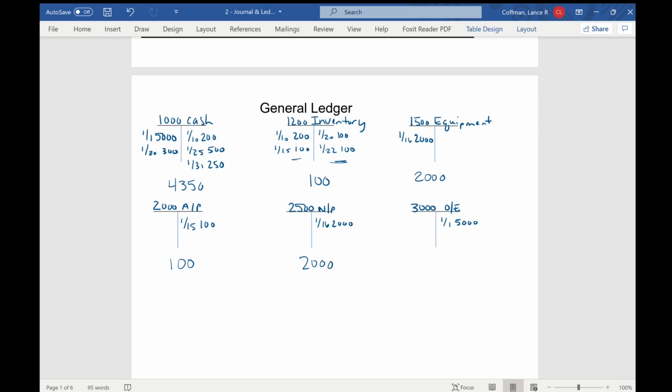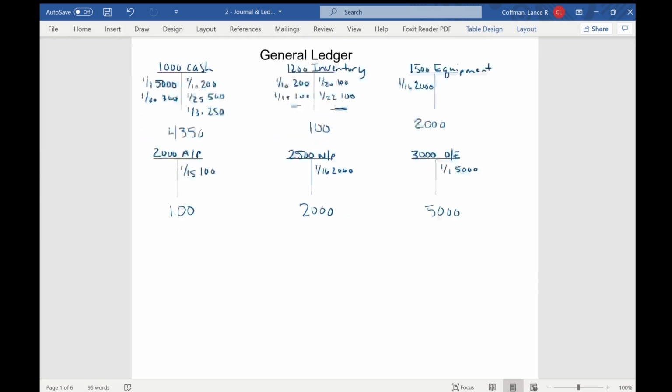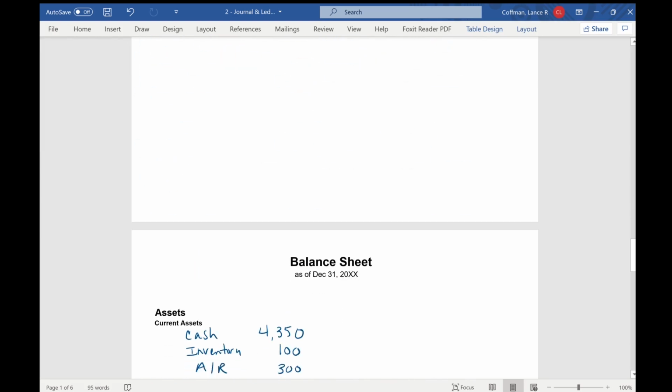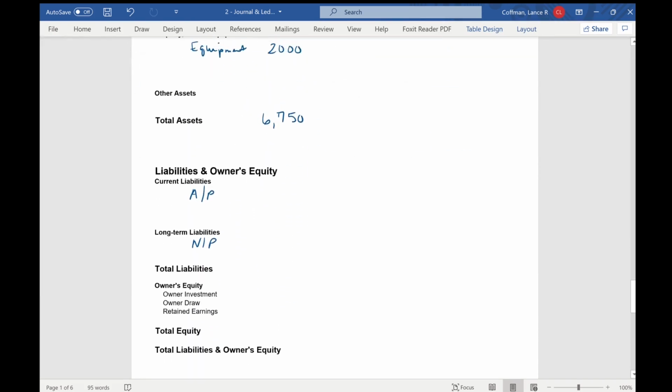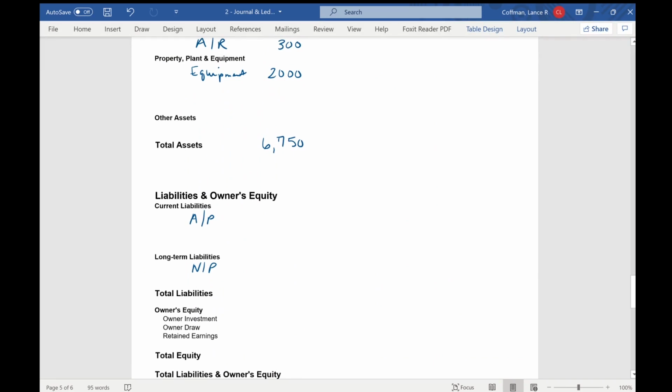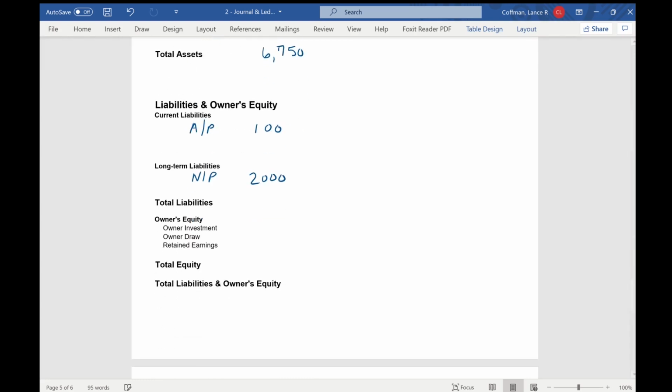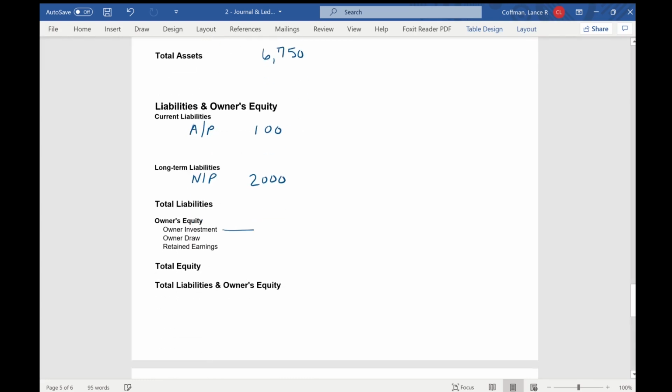And then the owner's equity is a total of $5,000. So we're going to transfer all of those down. So that accounts payable was $100. The notes payable was $2,000. And then the owner investment, so I'm just going to draw a line out here so it makes it easier since the copy's a little closer, was $5,000.